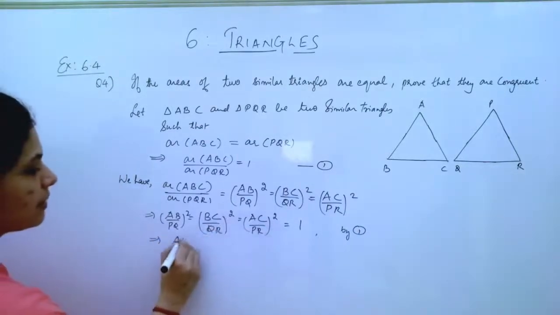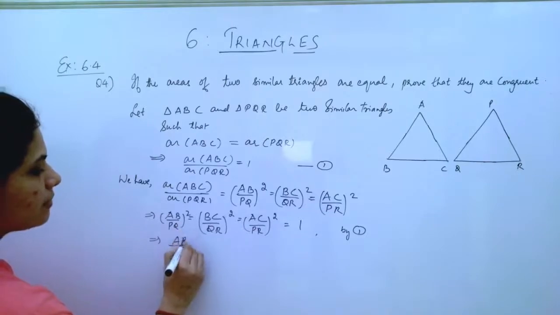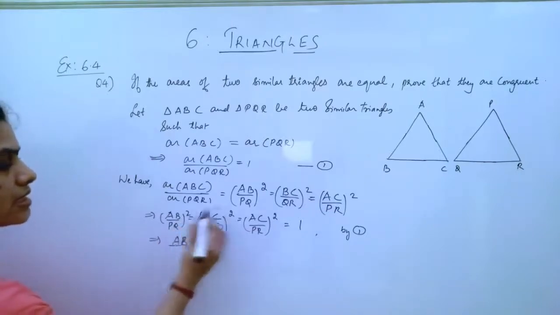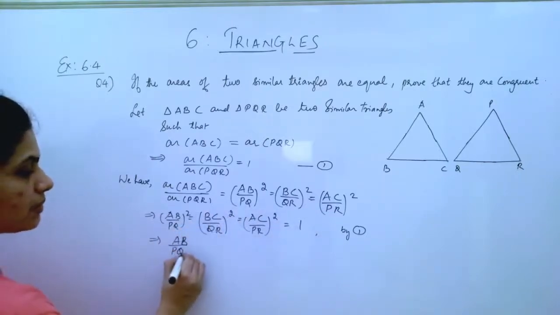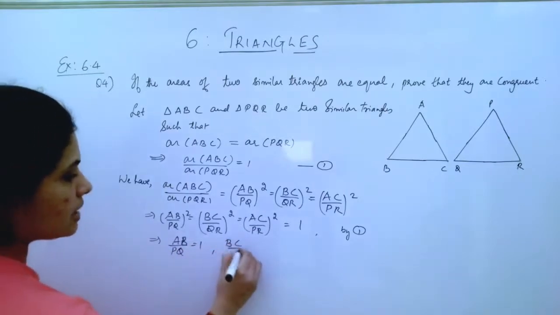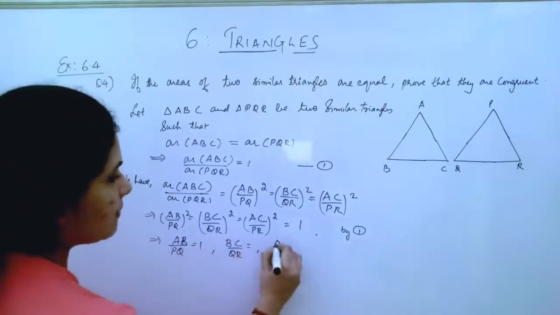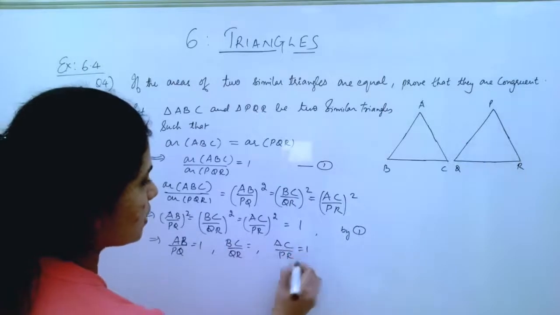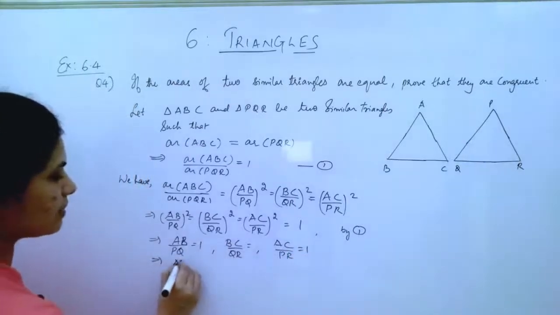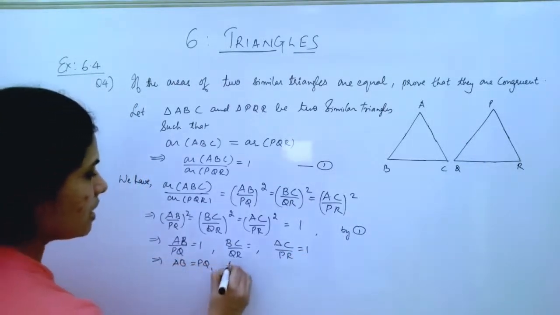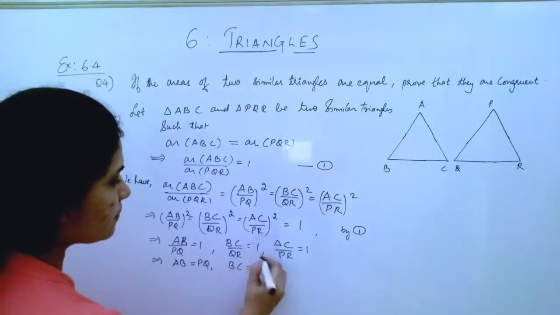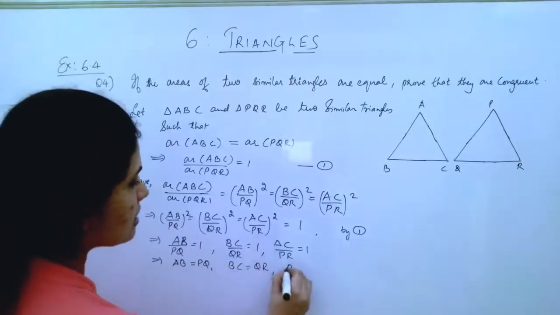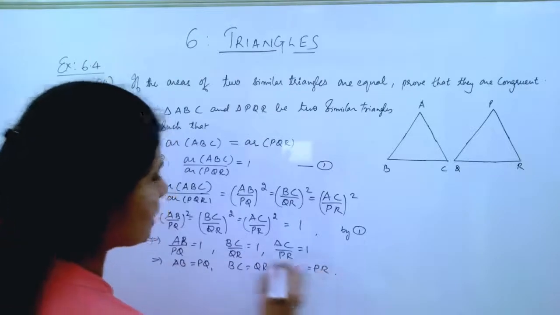That is AB by PQ the whole square is 1, and since the whole square is equal to 1, you can say that AB by PQ is equal to 1, then BC by QR is equal to 1, and AC by PR is also equal to 1, which implies that AB is equal to PQ, BC is equal to QR, and AC is equal to PR.